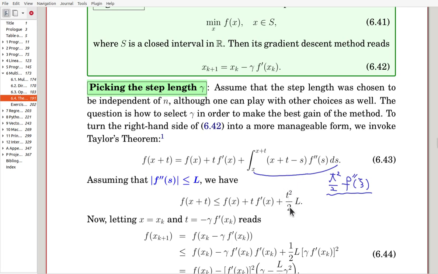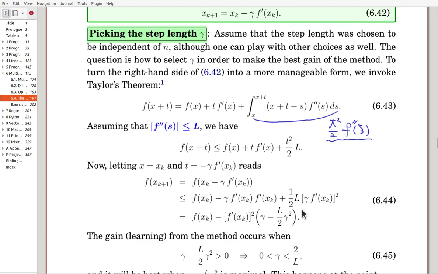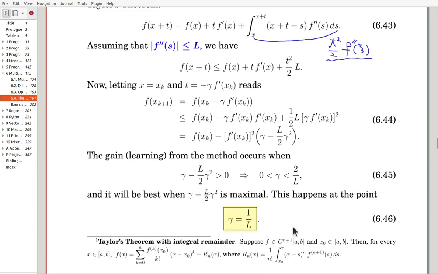So it is t squared over 2 times the maximum value, L. Now for this formula, we use x is xk and t is minus gamma f prime at xk. Then this term is bounded by the right side along with these terms. Now that is the same as this one.